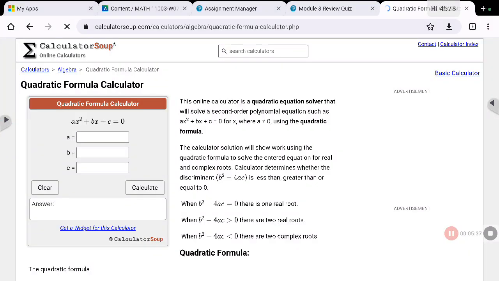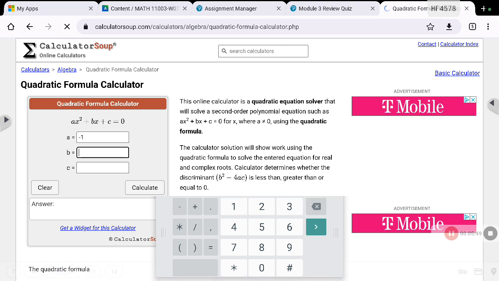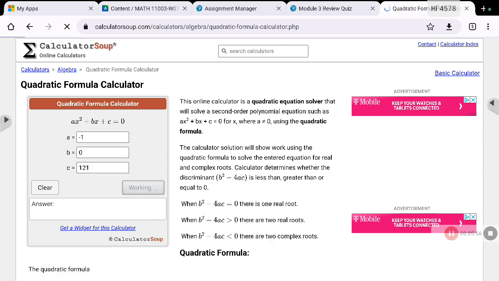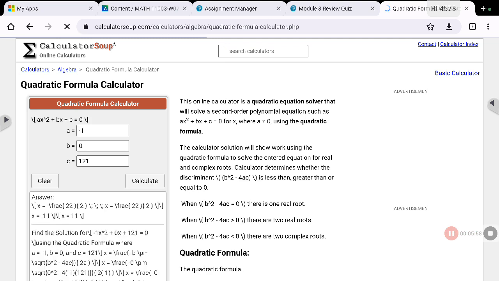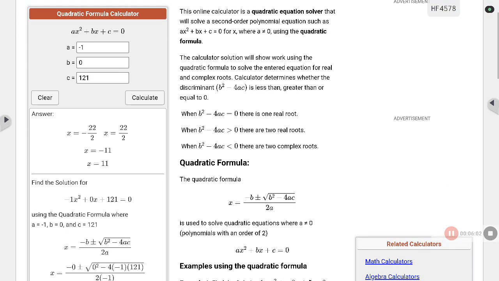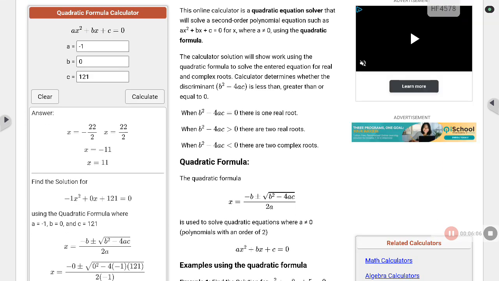So again, in my quad calculator, I will put in 1, 0, oh, excuse me, A was negative 1, B was 0, and C was 121. So you'll notice that the zeros that it gave me are negative 11 and positive 11.